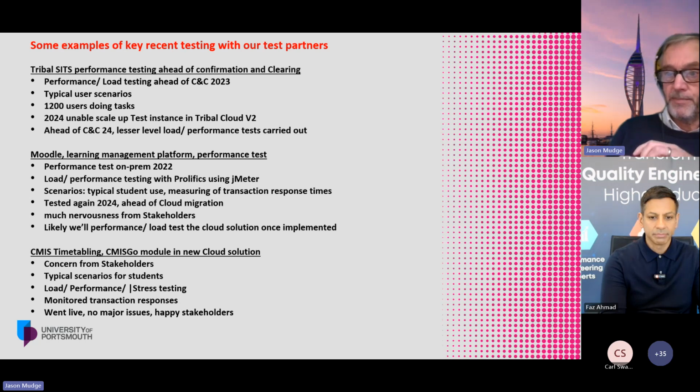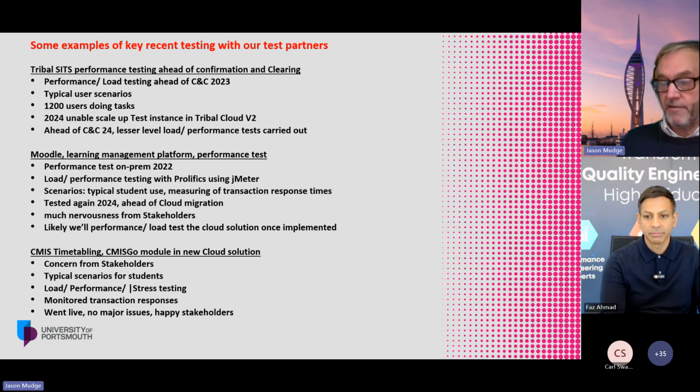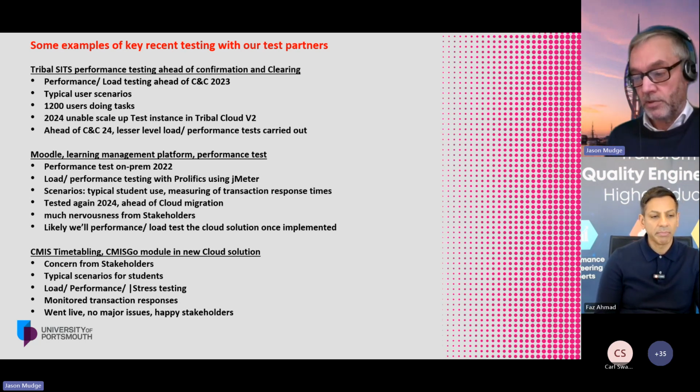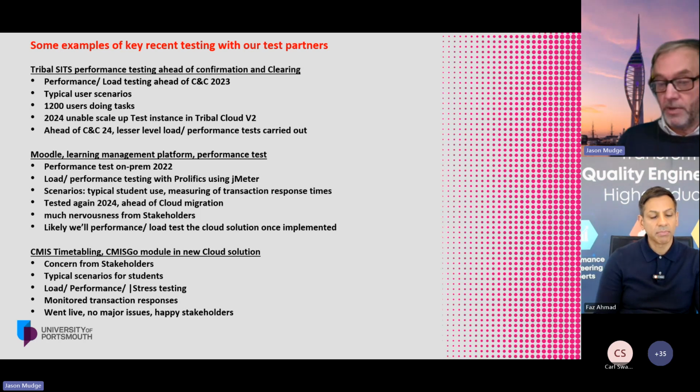So having a history of 2022, 2023, 2024 baselined tests, where we've got an absolute good idea of how it should behave across scenarios, will be so important once we migrate, because we can then run further performance tests on the new solution in the cloud and see whether it is at least as good as it was when we were running it on-prem.